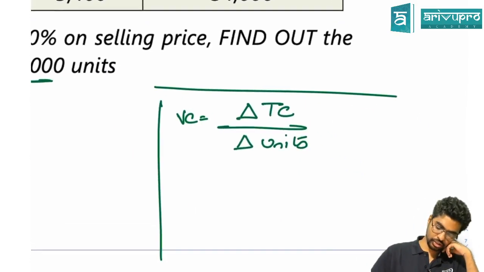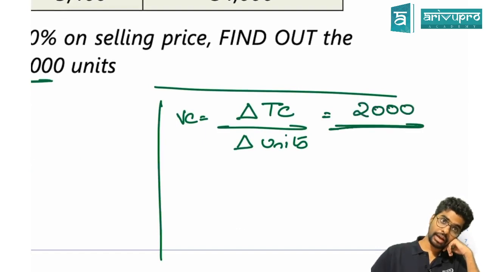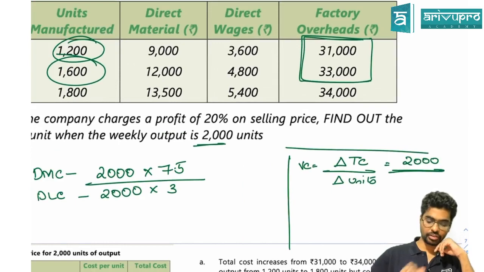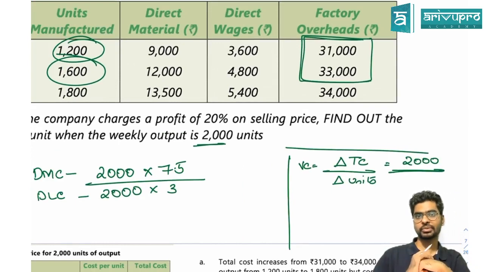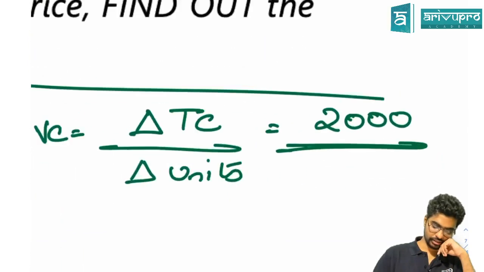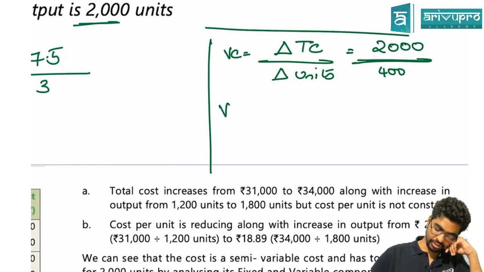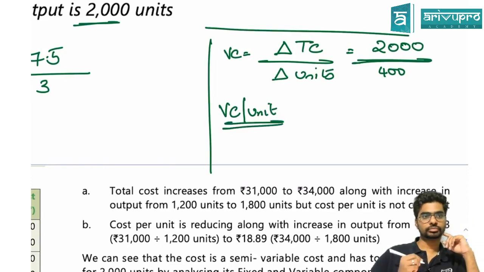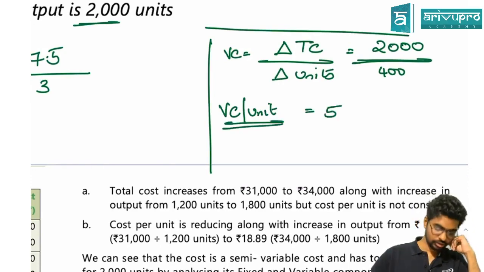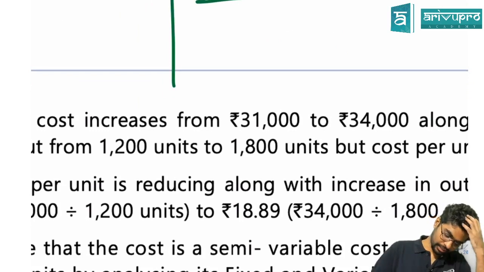So, my change in the total cost is 2000, as per Naveen. How many units have changed between 1200 and 1600? 400. Therefore, what is my variable cost per unit? 5. First point of the answer done.